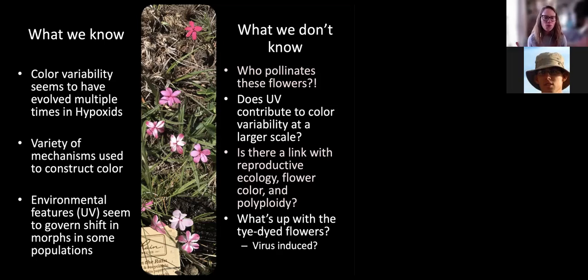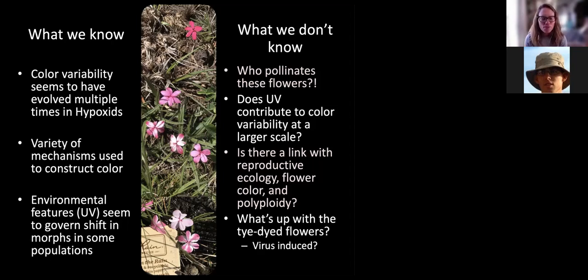And then we want to know what's up with the tie-dyed flowers. We see flowers like in the middle of your slide here, where you have some white and some pink. We haven't observed them changing. At first we were like, oh gosh, Hilliard was right, they are going from white to pink, but then if you follow the same flower through its lifespan, it's just tie-dyed.